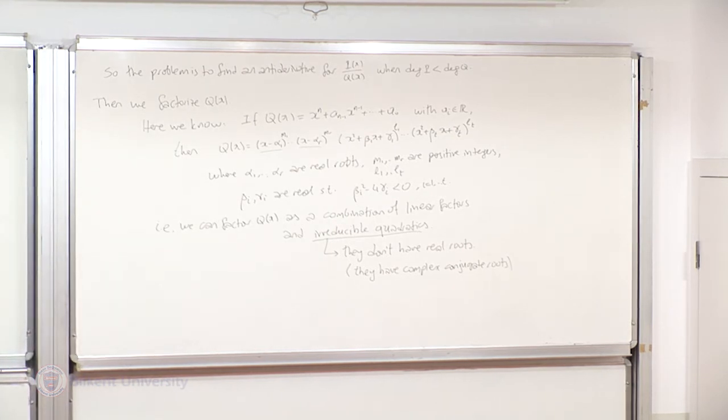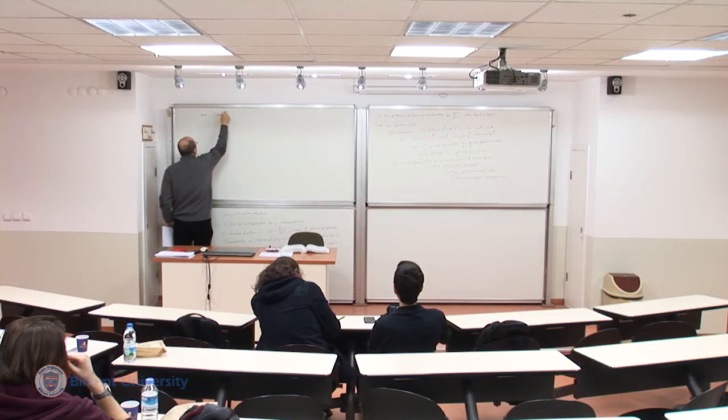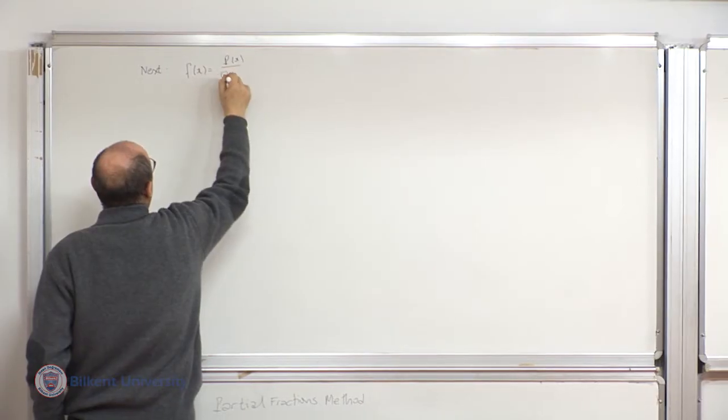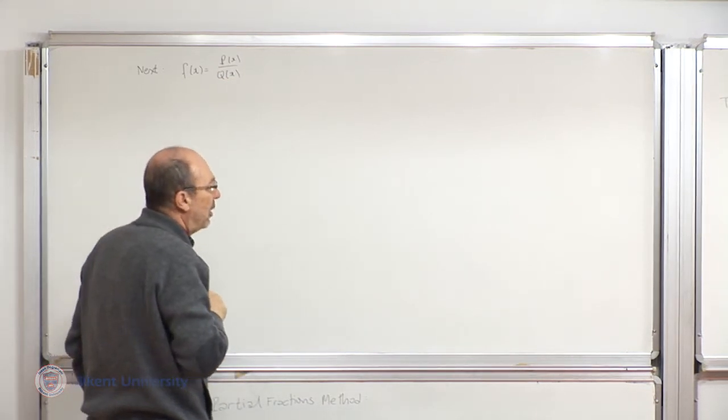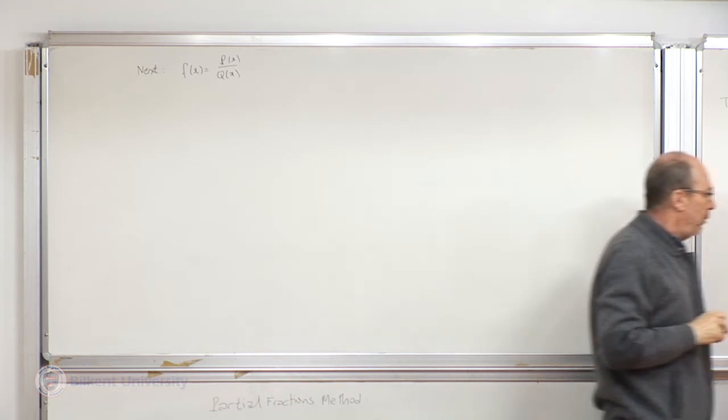Okay, then we consider, okay, so next we have f of x equals p of x over q of x. So here we have complex conjugate roots.